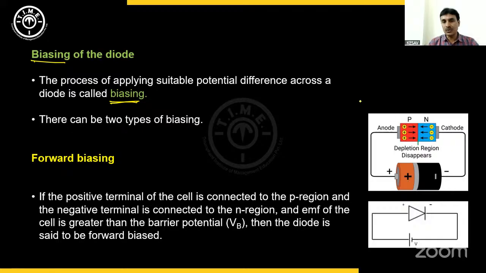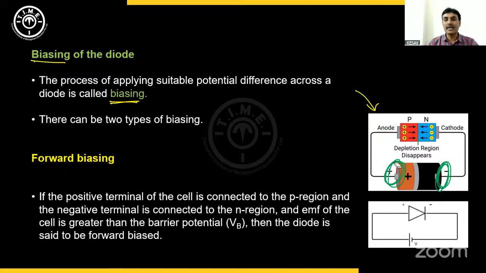The circuit shown here is a forward bias circuit. The battery's positive terminal is connected to the positive side, the P side, of the diode, and the battery's negative terminal is connected to the N side of the diode.